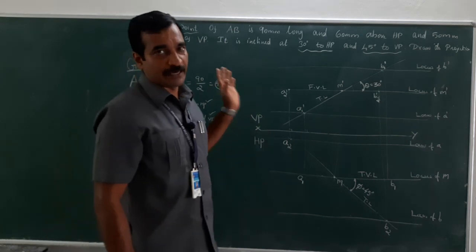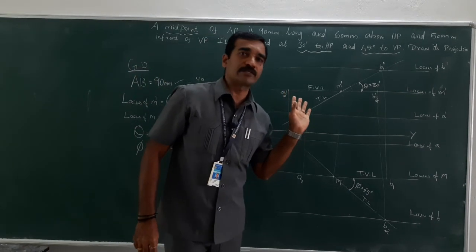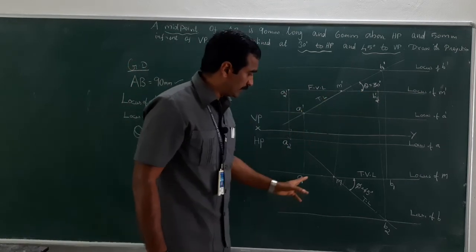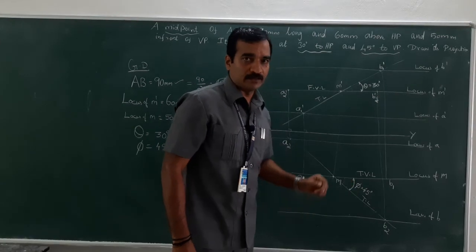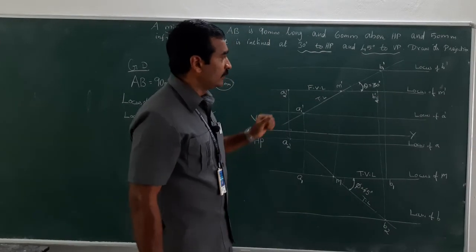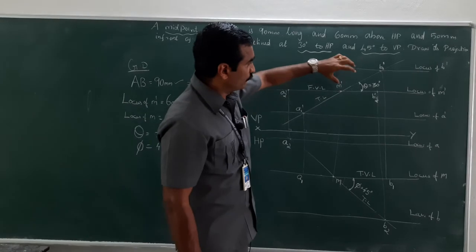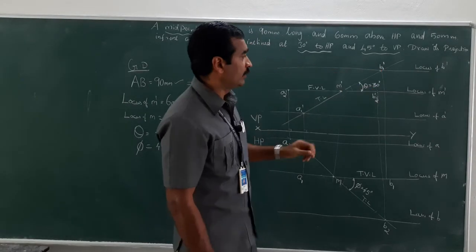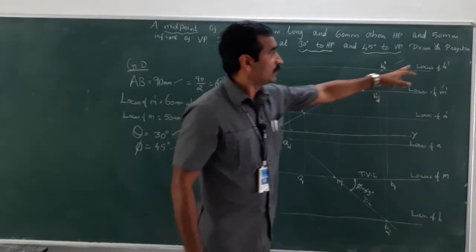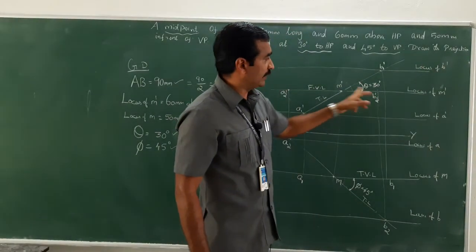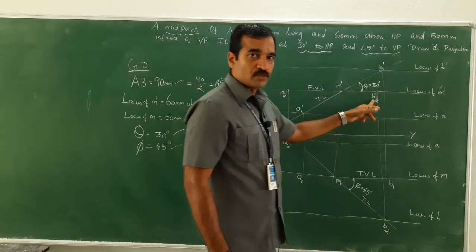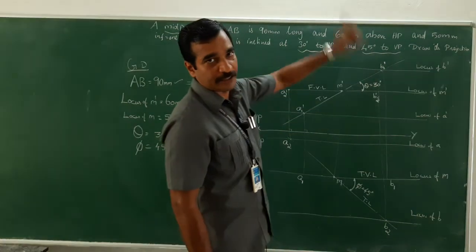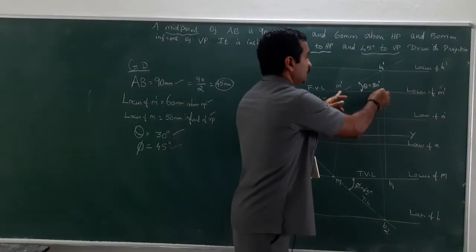The method which is adopted for projection of straight line is the rotating line method, right? Here I have the front view length, in the HP I have the top view length. Now observe carefully. So now take the measurement from M dash to B2 dash in your compass and rotate towards locus of B dash, because the information here is B. So this information comes from the locus of B. Therefore, this needs to be rotated towards locus of B dash.